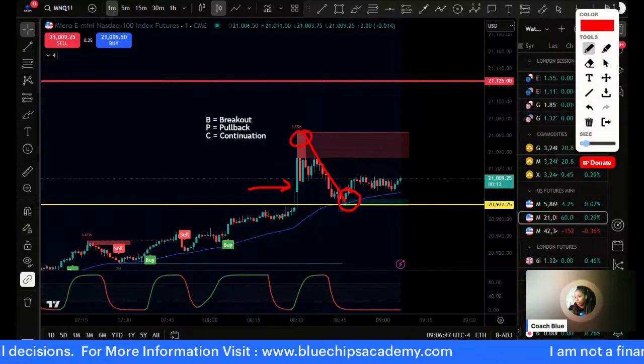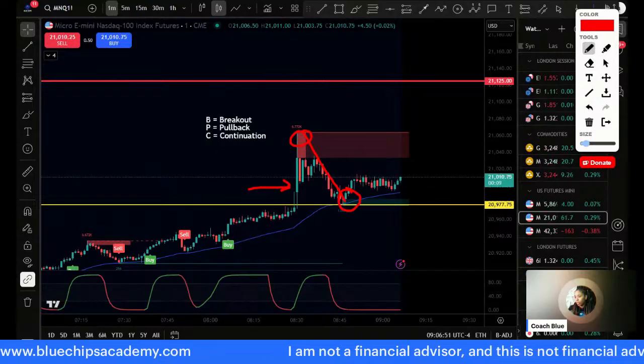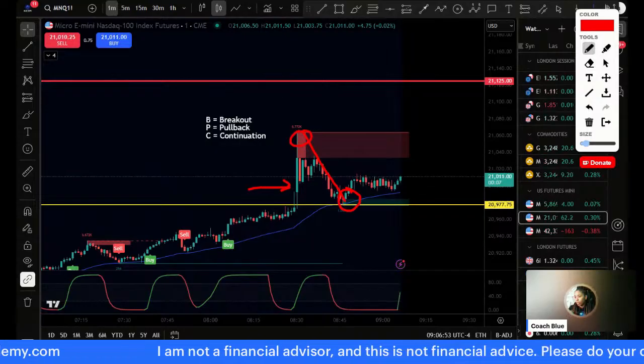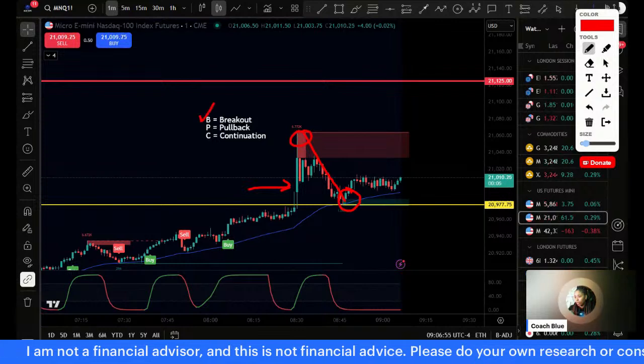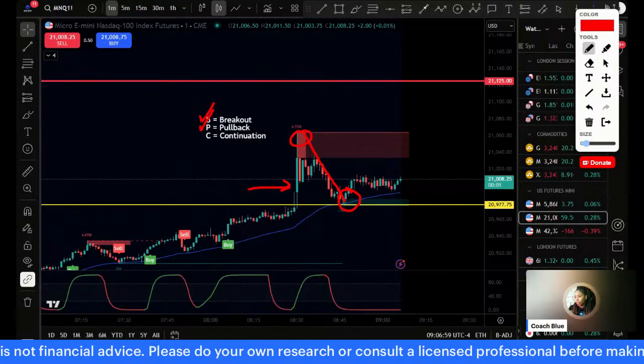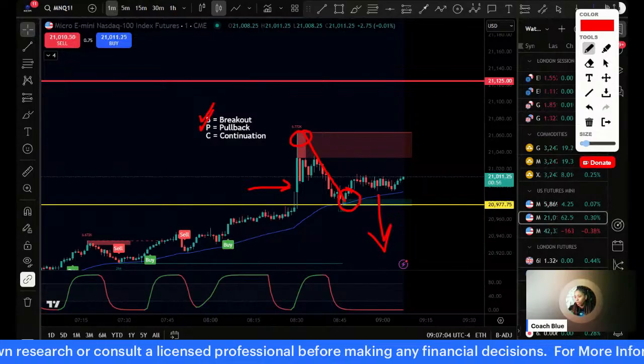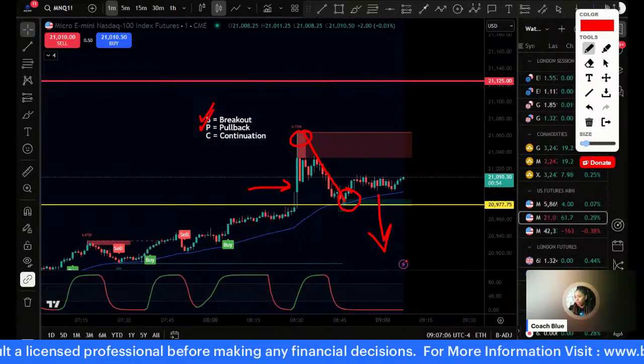I'll say that again. Continuation needs to break past my breakout candle or my breakout movement. So we got the B. We can confirm that because it broke past here. We got the P, right? Because price came down here and it never came back into our channel. So this is a valid pullback.